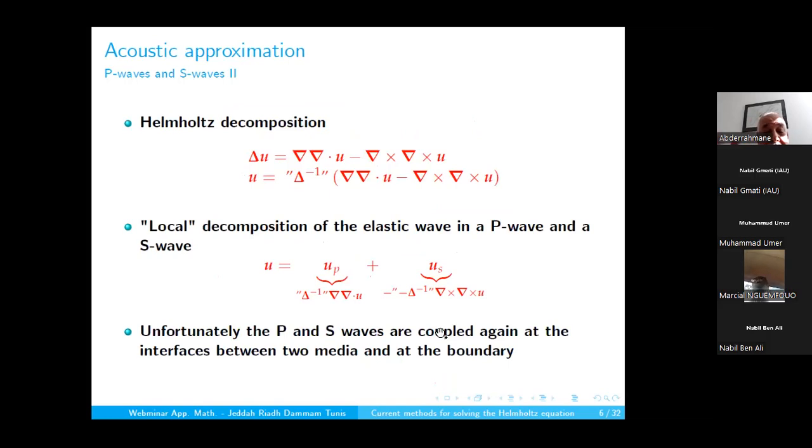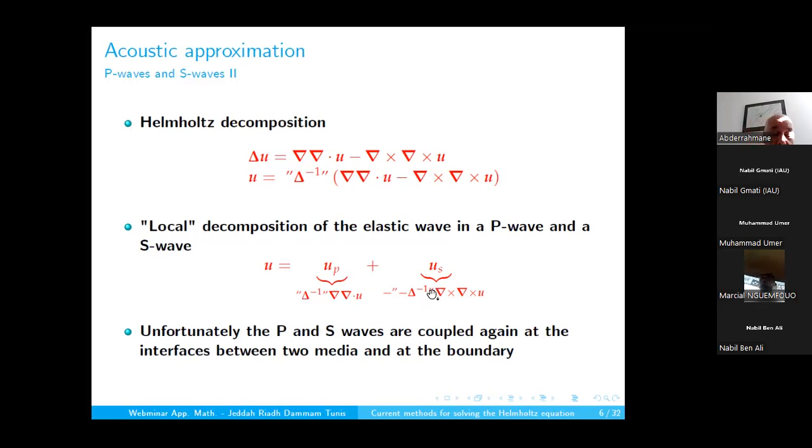And how is the wave decomposed? So we will start from this very standard, very classical relation in vectorial calculus. The vectorial Laplacian, you can decompose it as grad div of U minus the double curl of U. And in this way, you invert in a formal way the Laplacian, and you see that you can decompose U in a P wave, a primary wave, and a secondary wave.